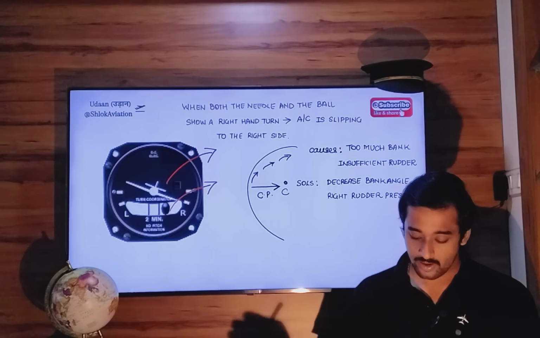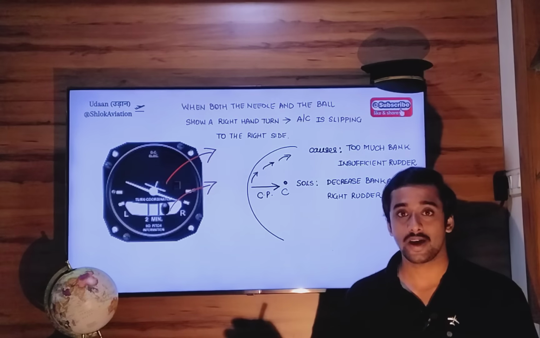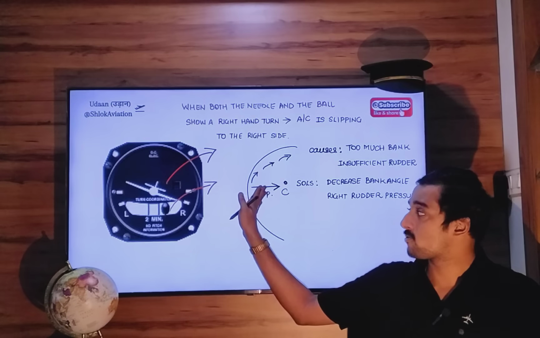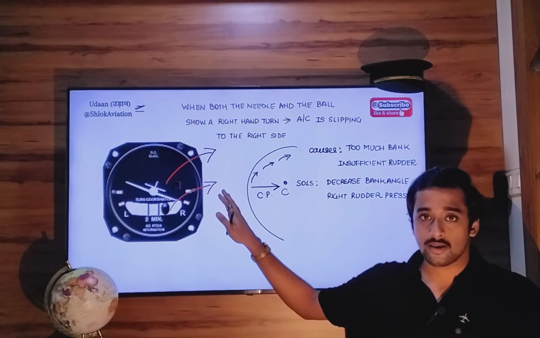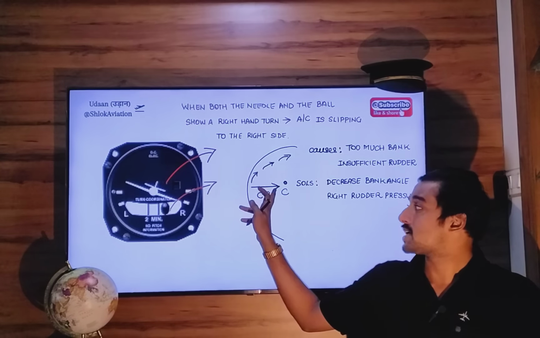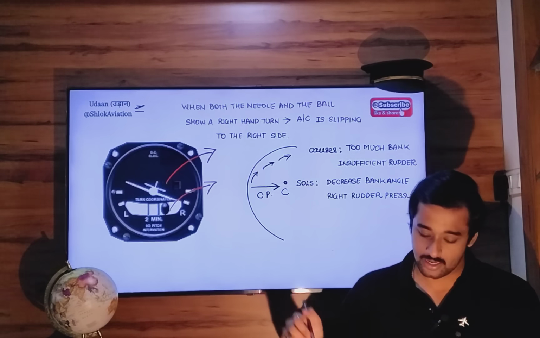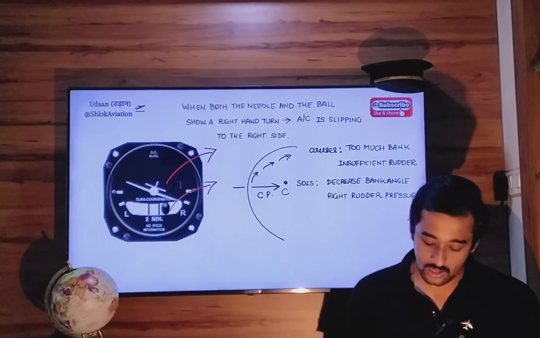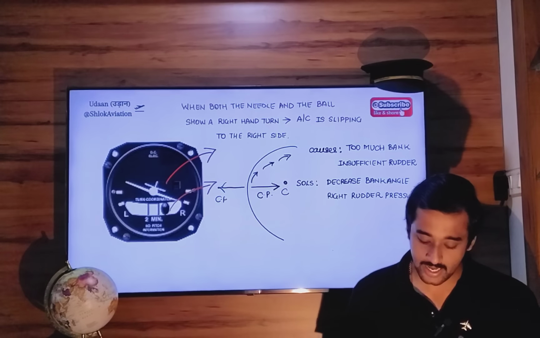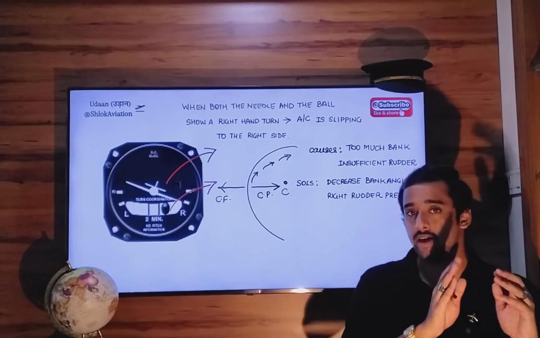And when you decrease the bank angle of your aircraft a little bit, as required, the centripetal force, which is inward directed force, will decrease in value, and centrifugal force, which is outward directed force, will increase in value.